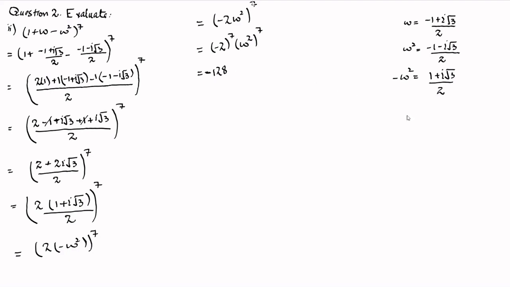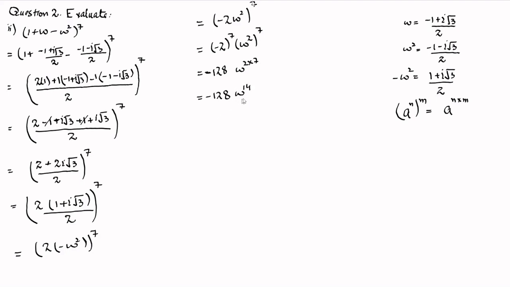And from the power property, if we have a raised to the power n whole raised to another power m, then we can write the two powers in multiplication. So we can write omega 2 into 7, minus 128. Omega 2 into 7 is 14.